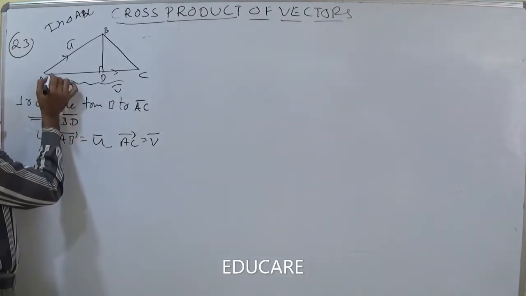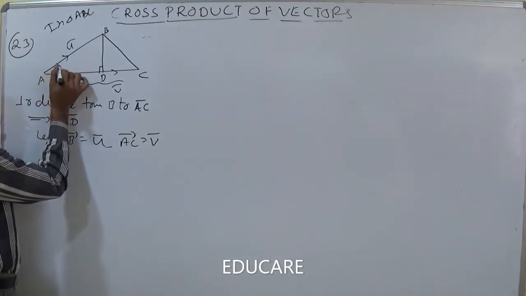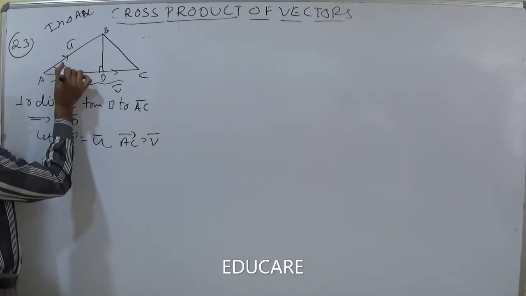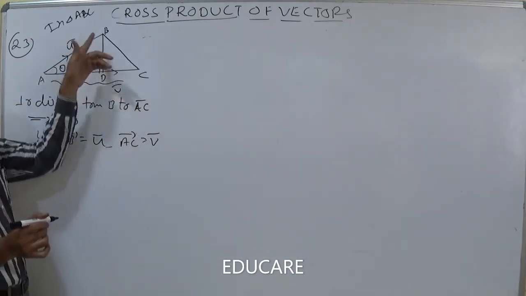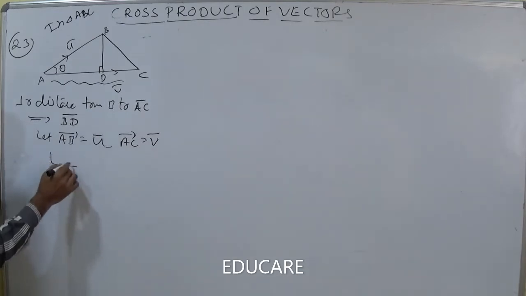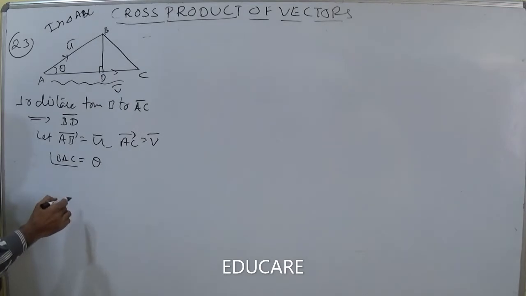Now understand that angle theta is made by the positive direction of the x-axis with AC. So angle BAC, you put here theta.